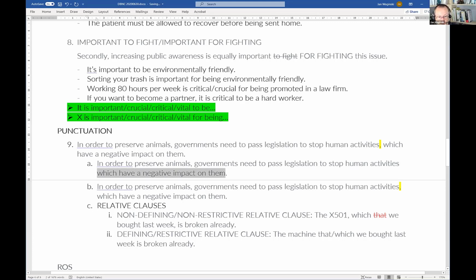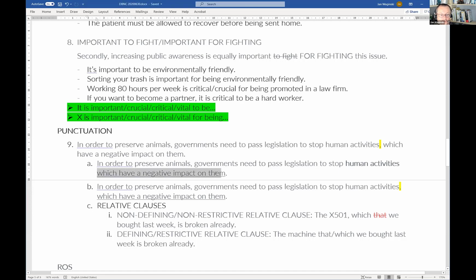So the relative clause, which have a negative impact on them. That's the relative clause. Now, what does the relative clause refer to? What is it related to? Human activities. Relative clauses always refer back to the idea that's right before them.